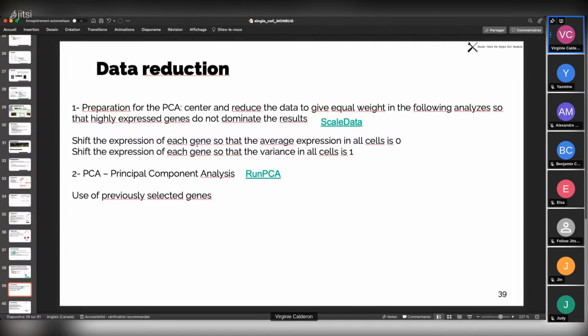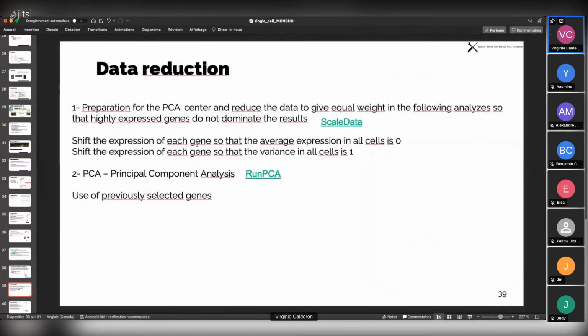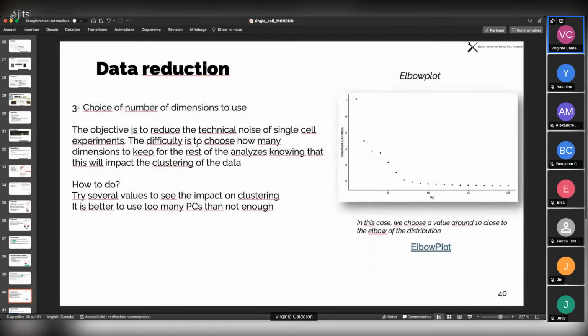After the centering and reducing of the data, we can perform the PCA, the principal component analysis. We are performing this on the previously selected genes. It may be on the 2,000 most variable genes, or maybe on all genes after removing cell cycle, for example.